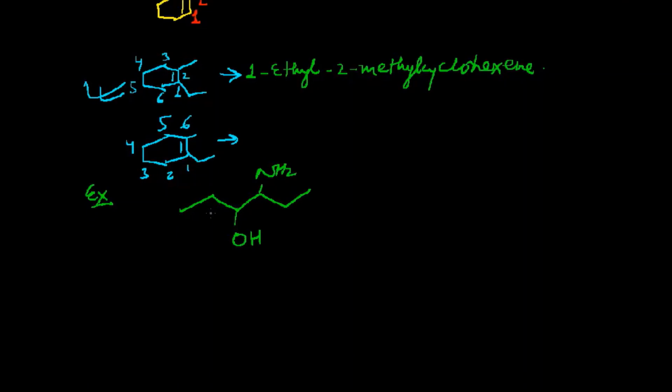We need to check the priority order, and since OH comes prior to the NH2, numbering should be done from the side where OH is nearer. Here it is 1, 2, this is 3, this is 4, this is 5, and here it is 6.